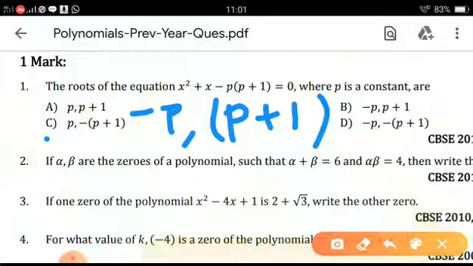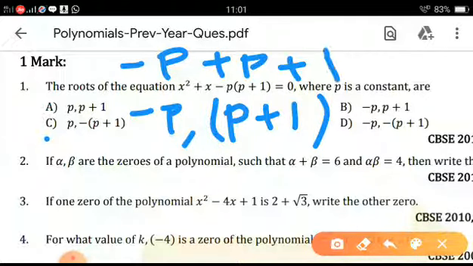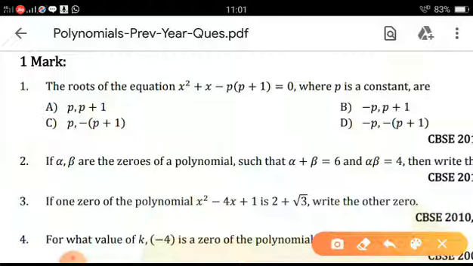Yes, that is satisfied. What is the sum? It is minus p plus p plus 1. p and p will get cancelled. 1 will be the sum. So is that satisfied? Yes. So which will be my correct answer? It is option C, p comma minus of (p plus 1). Hope that is clear to you.